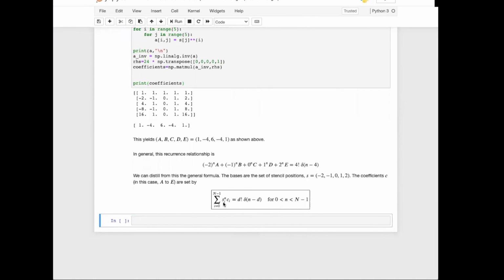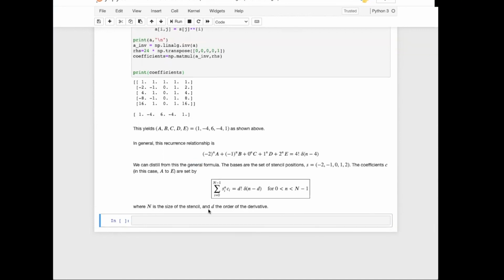So we have here the positions of the stencil, S to the power of n, and the coefficients C_i, which go from a to e. So that's the sum here, and this sum goes from 0 to n. And on the right-hand side, you have d, that's the order of the derivative, factorial. Where n is the size of the stencil, and d is the order of the derivative.